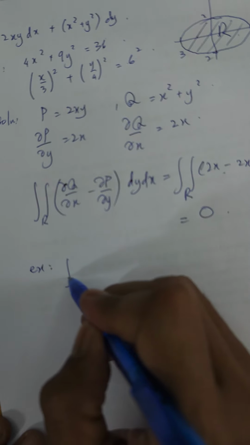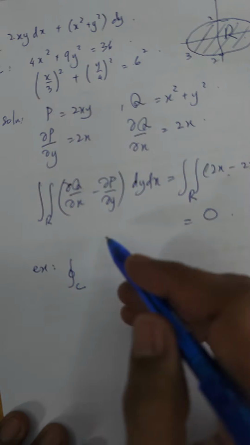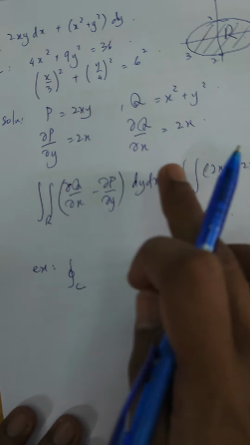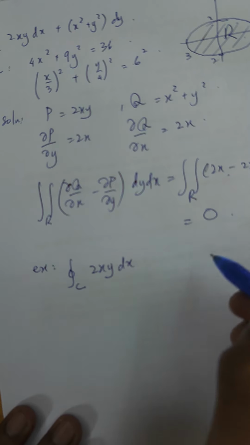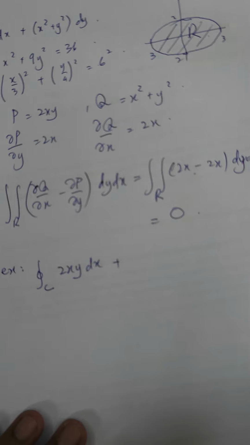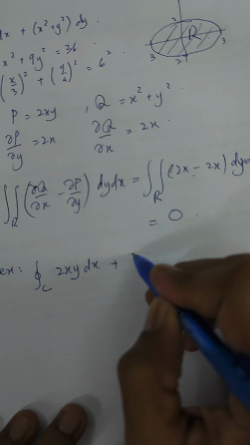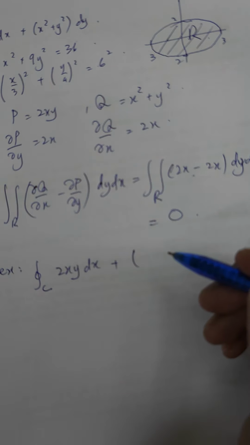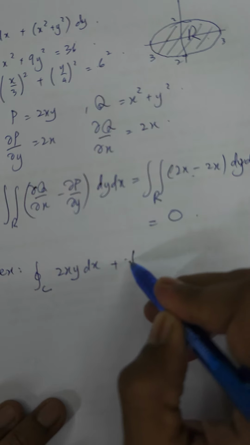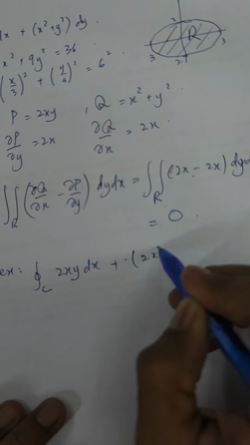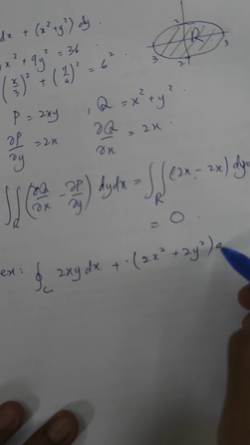We integrate over C, where we have 2xy dx plus, I don't want to have a 0 here, so let's say (2x squared plus 2y squared) dy.